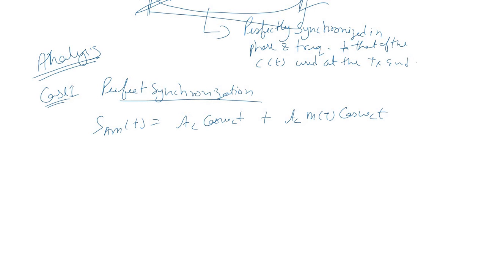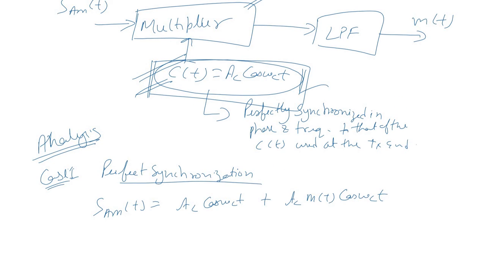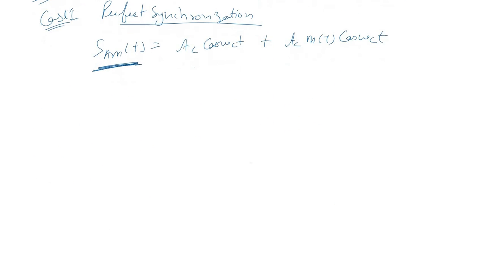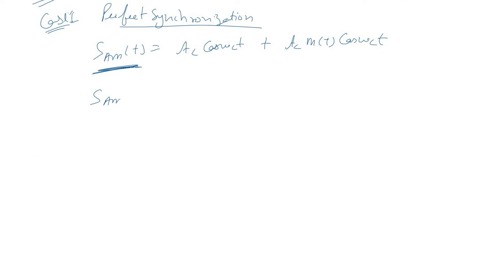The first step is the multiplication of the modulated signal with the carrier signal, right? That is, we multiply this s_AM(t) by the carrier signal. That is the first step.